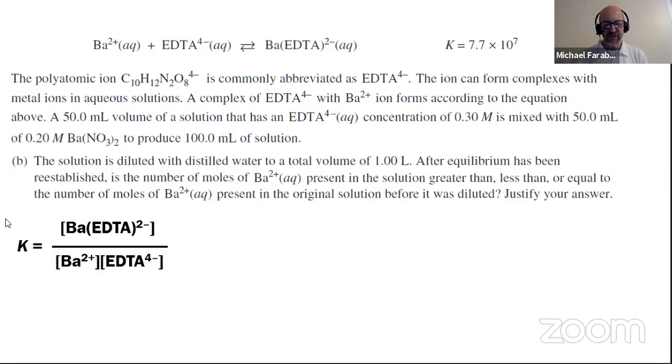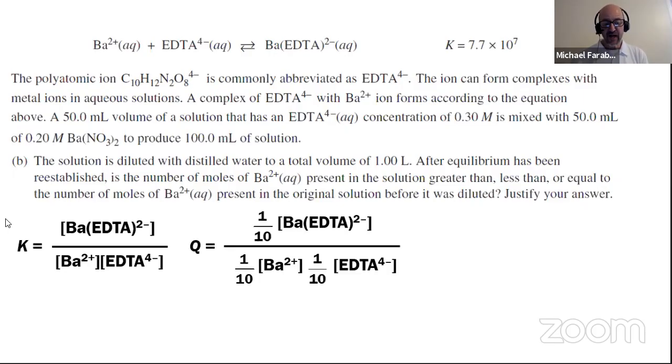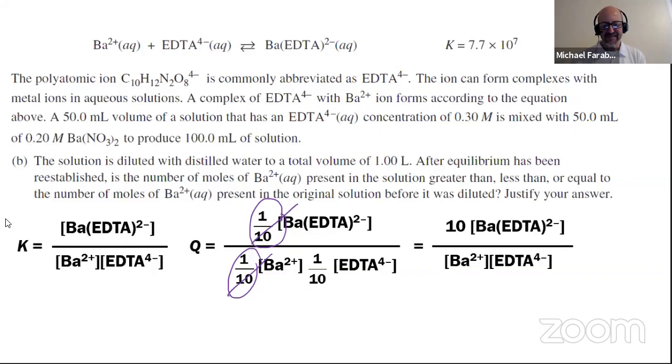So here's our K expression, but now we have Q. And each of those concentrations has been diluted, reduced by a factor of 10. Well, there's a 1/10 on the top and on the bottom, so that will sort of divide out, but I still have an extra 1/10 on the bottom, which when I flip that, because it's on the bottom, becomes 10.